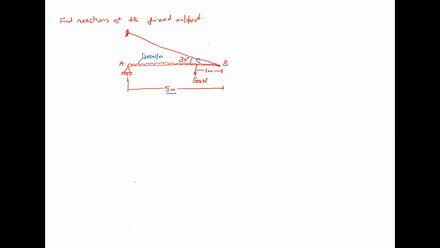The intensity of UDL is 100 Newton per meter. In addition to UDL, you are also applying a 500 Newton point load at point C, and point B is supported by a rope. This distance BC is 1 meter, and the overall span of the link is 5 meter. This angle is also given as 30 degree.